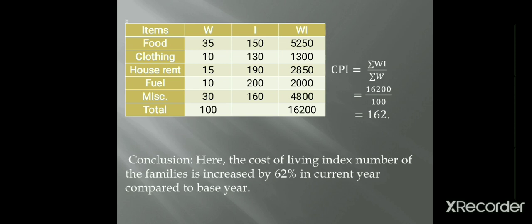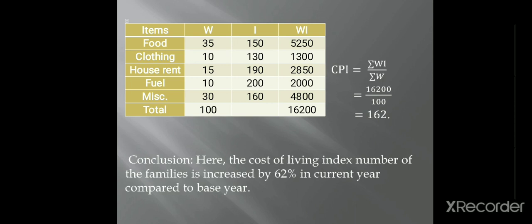Together it is 16,200. Substitute these totals in the formula and it is equal to 16,200 divided by 100, which results in 162. Therefore, consumer price index is 162.